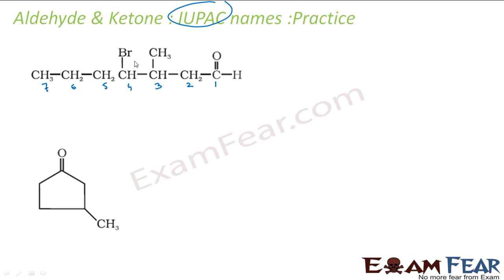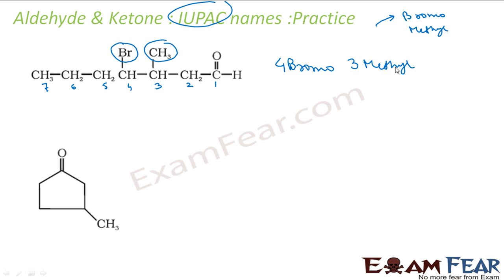So I have my bromo group and methyl group as the two substituents here. So let me write bromo here and methyl here. Let's start. B comes first, so bromo will be given priority alphabetically. So it will be 4-bromo. The second is methyl, 3-methyl.